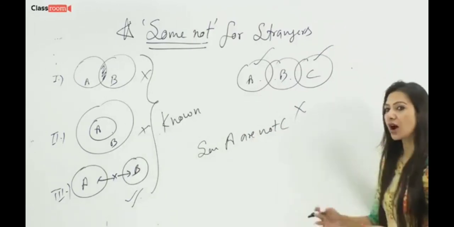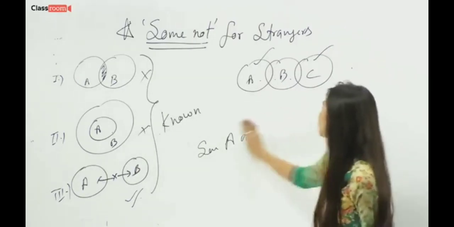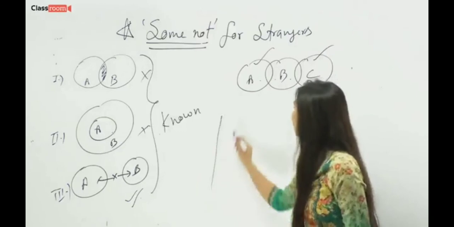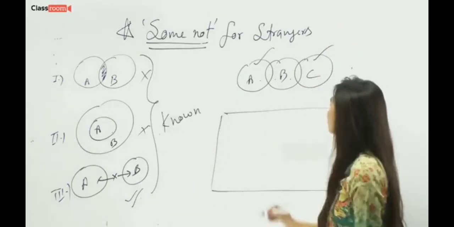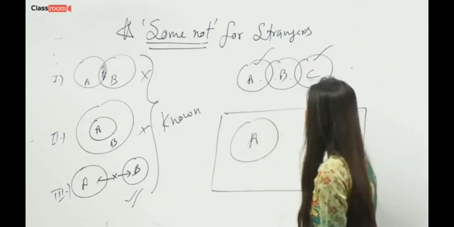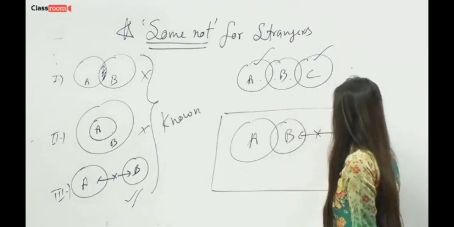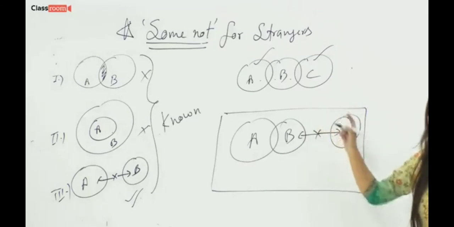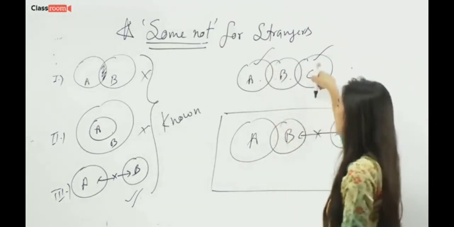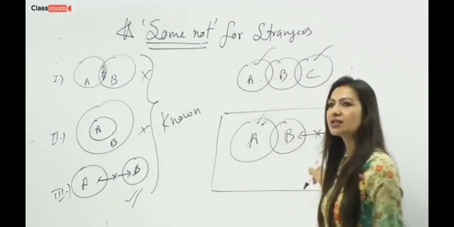Now let's talk about strangers. What is the difference? The difference is we are talking about this kind of Venn diagram. This is A, this is B, and this is C. There is a difference. In the first Venn diagram, A and C are strangers. A and C are strangers here too, right?